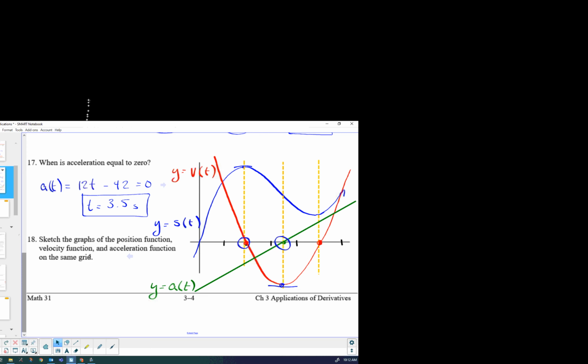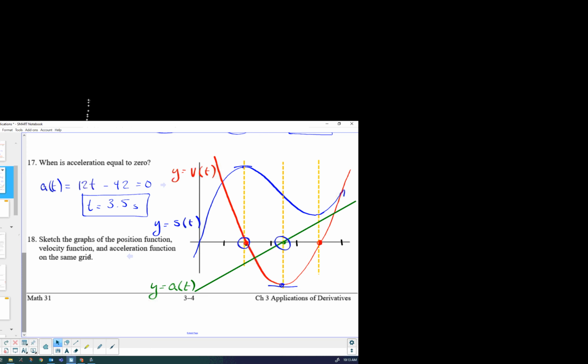So that's at the time of 3.5 seconds, I guess I should have said. And then they're in opposite directions up till 5, so it's slowing down up till 5. Then they're both positive after 5, which means it's going to start speeding up again. So same information, but just represented in a different way, and we can figure out where it's speeding up, slowing down.